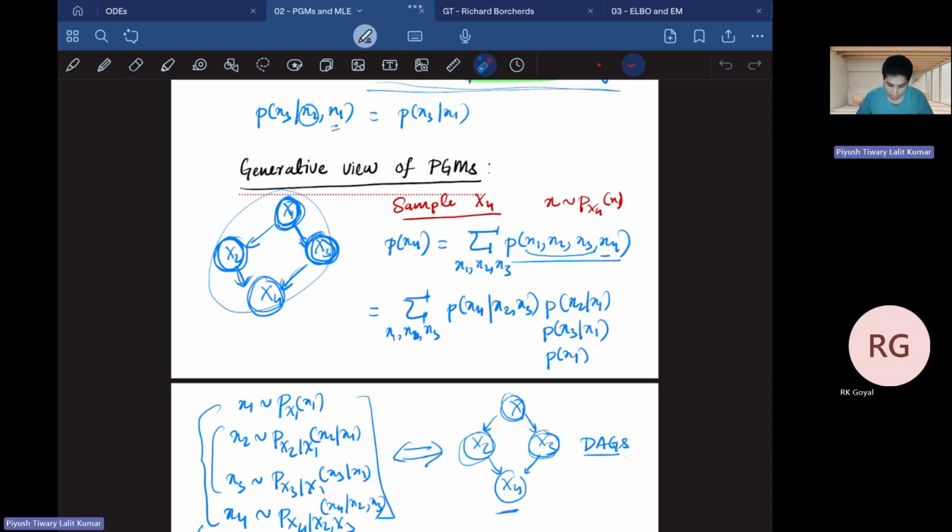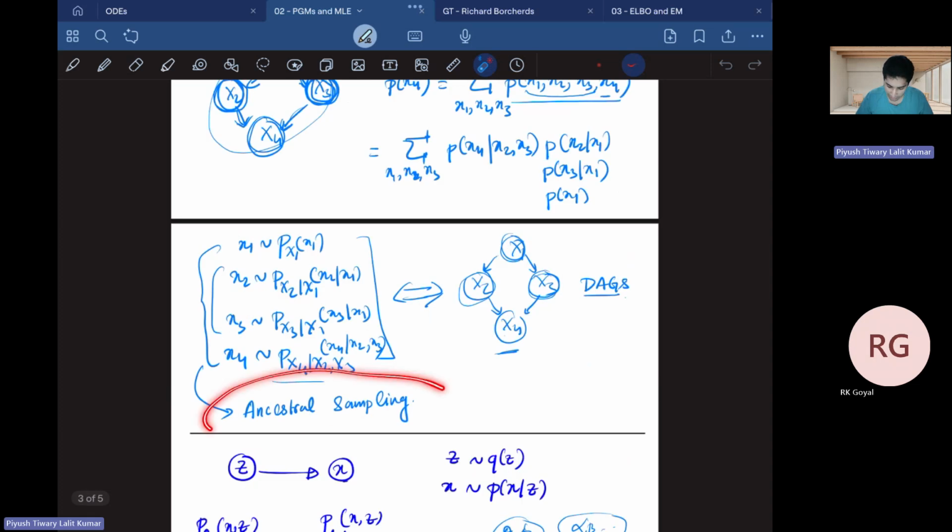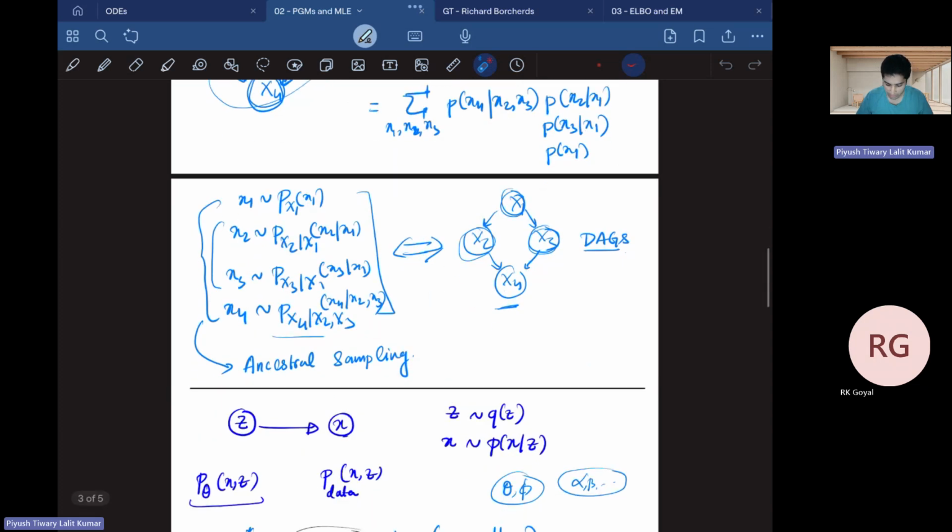If we know a structure like this exists, instead of directly sampling x4 from its joint distribution, we can start from x1, sample x2, x3, and then sample x4 using x2 and x3. We saw that this is called ancestral sampling.